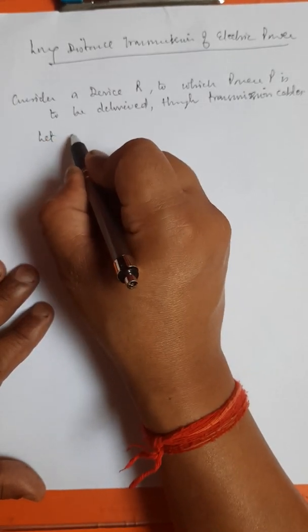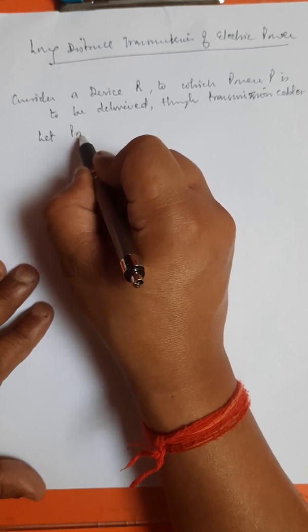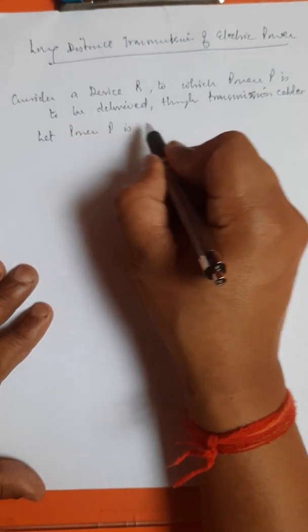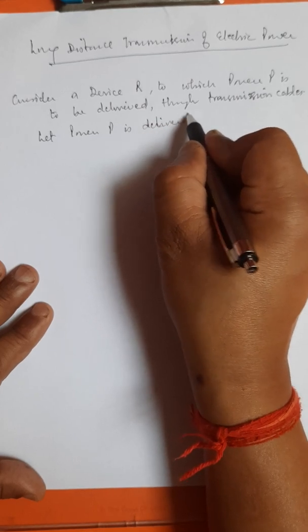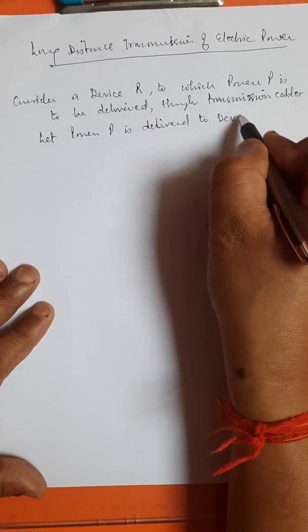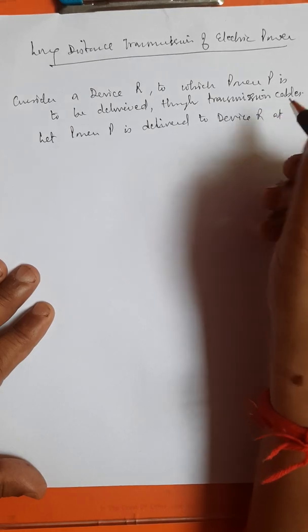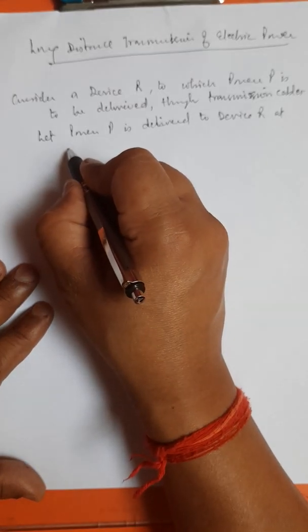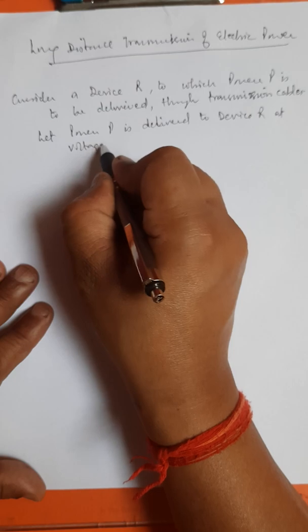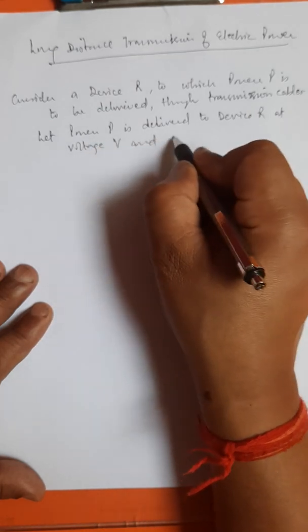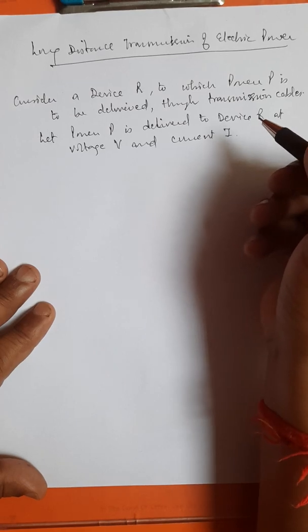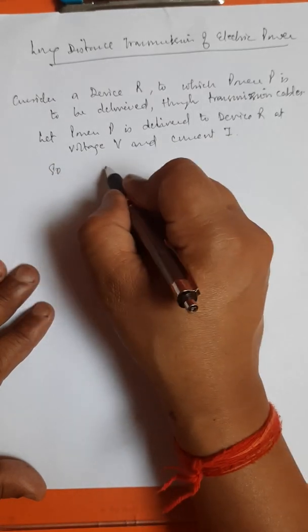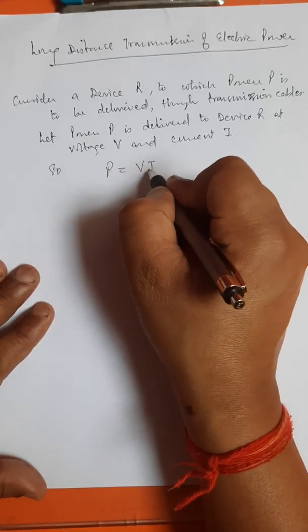Let power P be delivered to device R at voltage V and current I. So P is equal to VI.